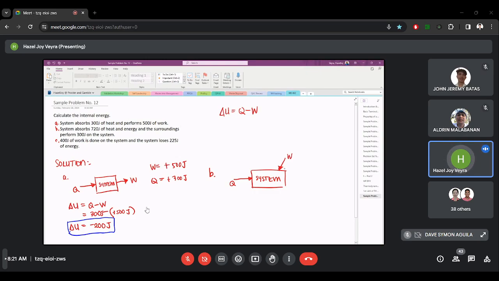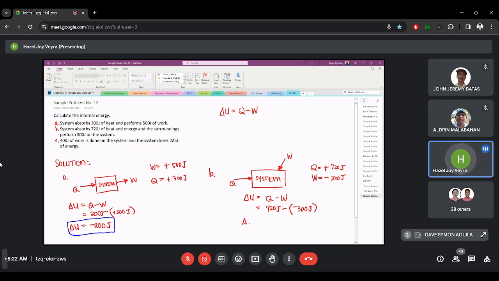So, in this case, our Q is still positive. We have positive 720 joules. And then, the work is performed on the system. So, meaning, negative ang ating work. So, we have 300 joules. Therefore, the change in internal energy in our system, Q minus W, substitute 720 joules minus negative 300 joules.